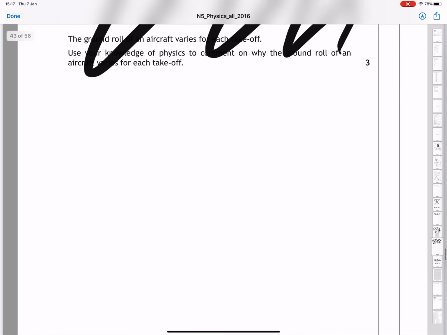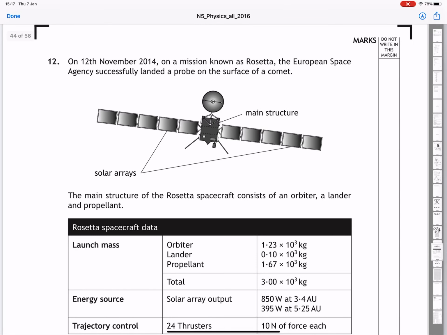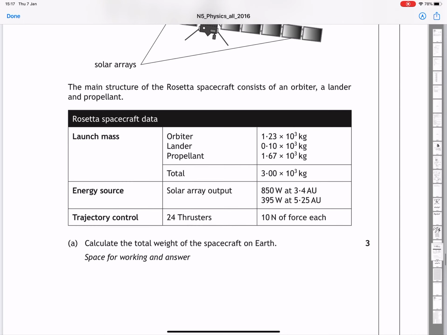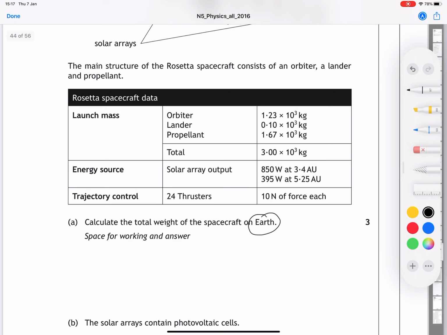Or 11. Or 12. Calculate the total weight on Earth. There's your clue. Weight equals mass times gravity. It's the total weight of the spacecraft, which is this number here, not any of the individual ones.